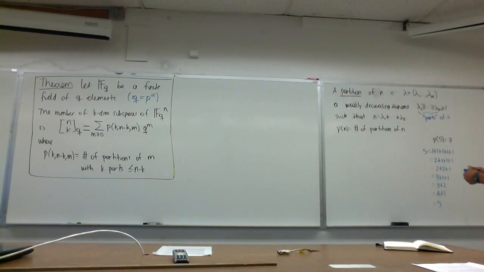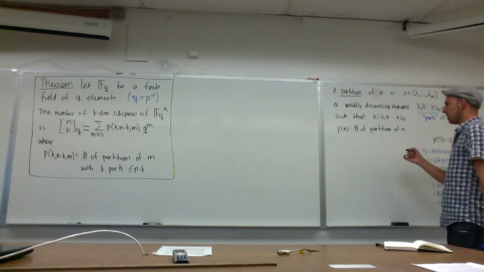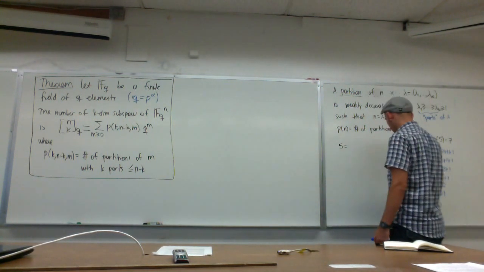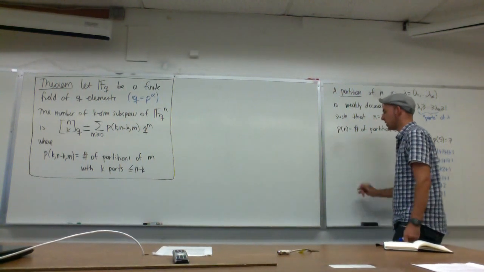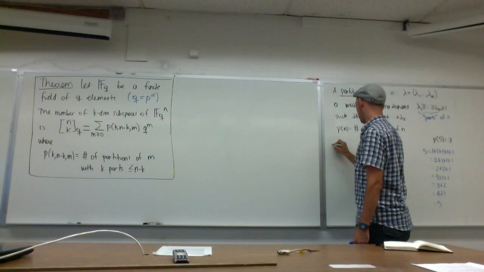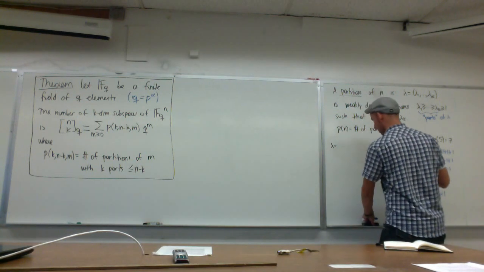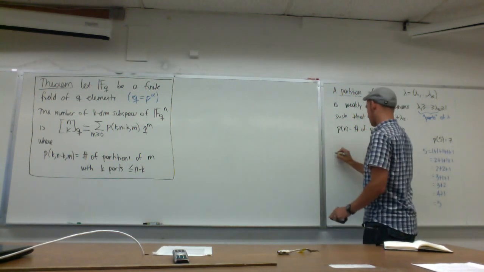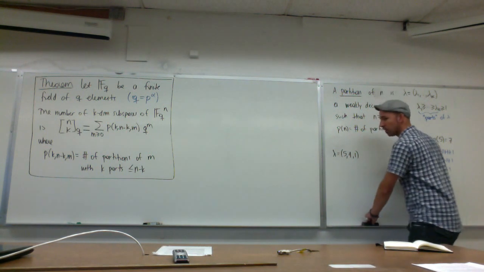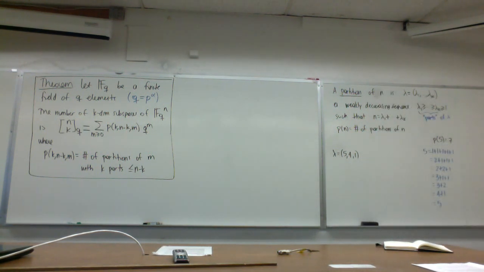Let's see. One good definition to make is that if we look at this partition, or maybe a more interesting one, like the same one that I used here, let's say 5, 4, 1. Okay. So this is a partition of 10 with 3 parts, because 5 plus 4 plus 1 is 10.